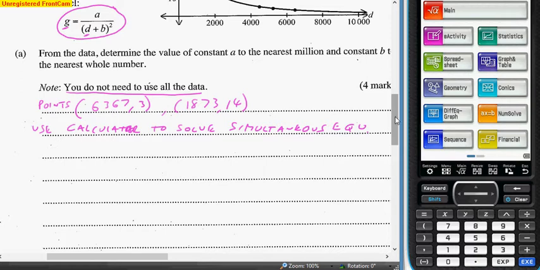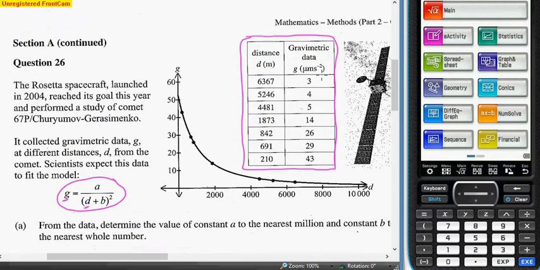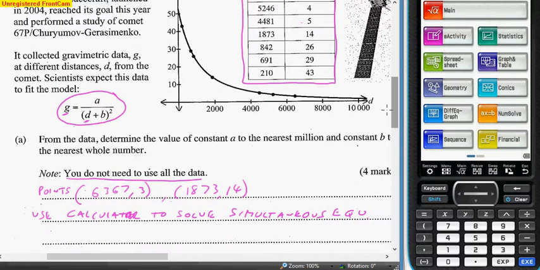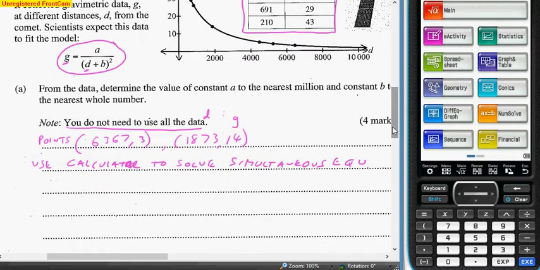I'll get my letters around the right way. That's normally my X and my Y. We've got the D and then the G, just making it clear in my head what's going on.